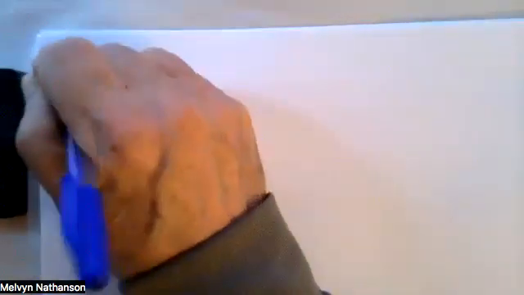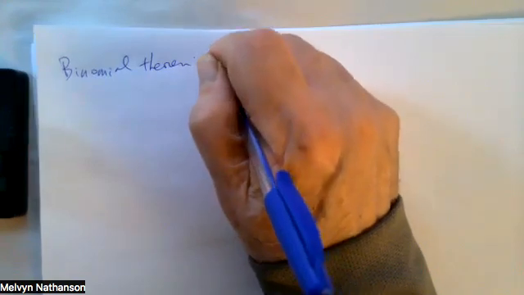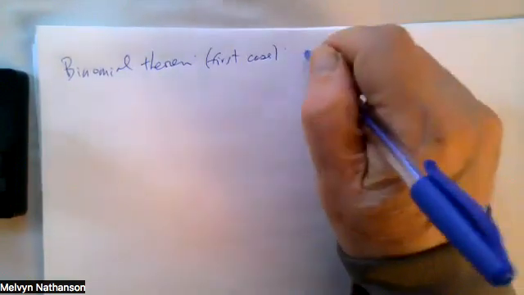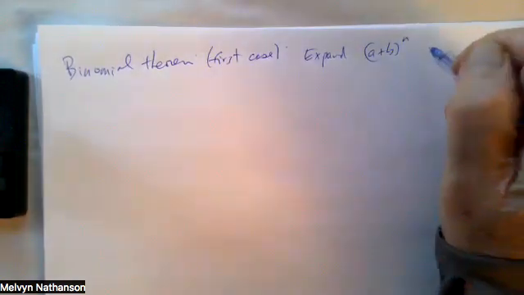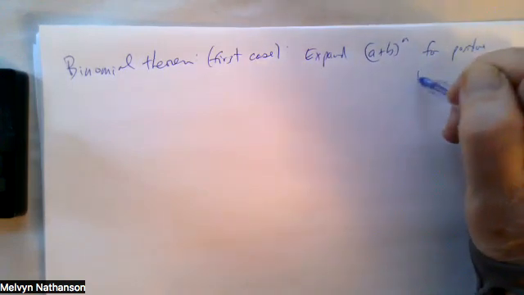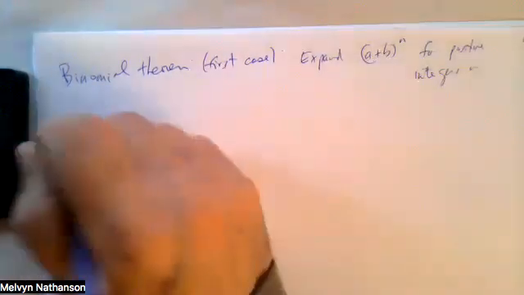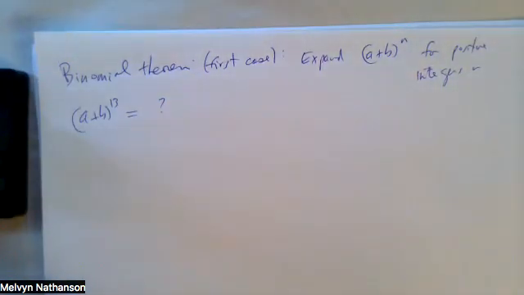And so we have, let's say, the binomial theorem, the first case at least, which is to expand a plus b to the power n for non-negative integers n. So if you wanted to expand a plus b to the 13th power, how do you do that?